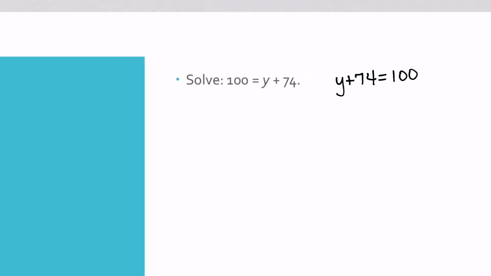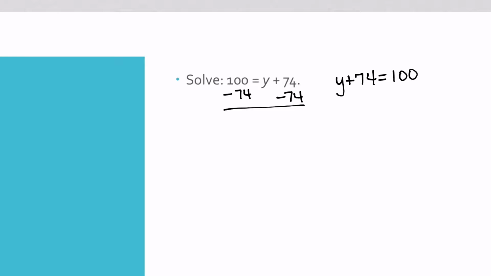You don't have to though, but if it messes with your head too much, go ahead and flip it around. It doesn't really matter whether it's on the left or the right, but you look at what's happening to your variable. What's happening to y is I'm adding 74 to it. So in order to undo adding 74, I'm going to subtract 74 from both sides.